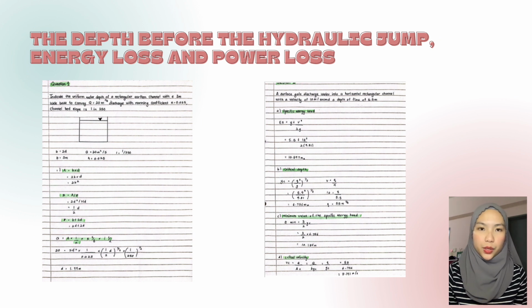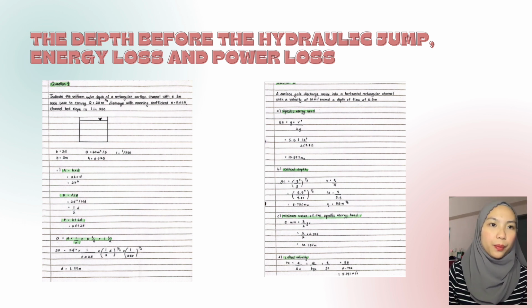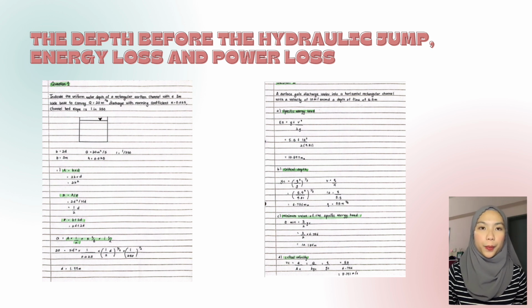To answer this question, first of all, we have to list all the information that was given in the question: Q equals 20, n equals 0.025, bed slope is 1 over 250, B is 3 meter, and for B the formula is 2D.